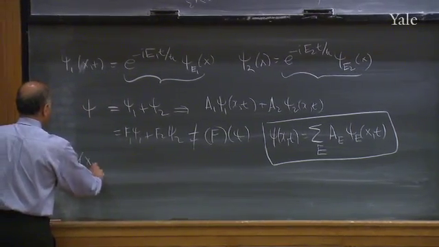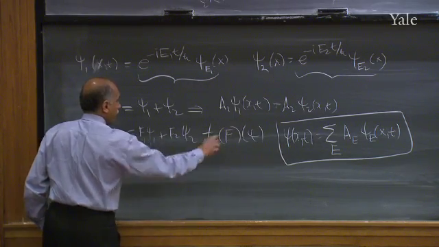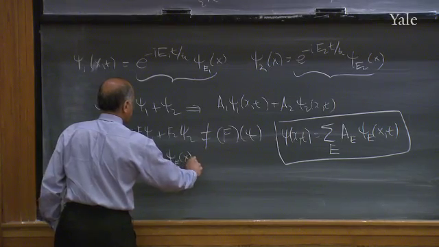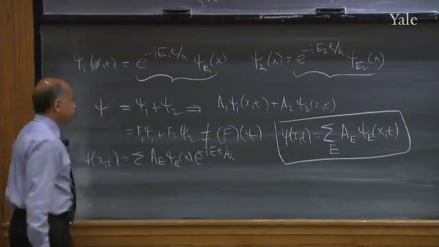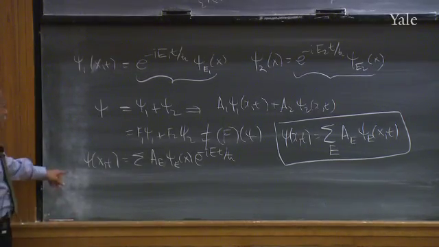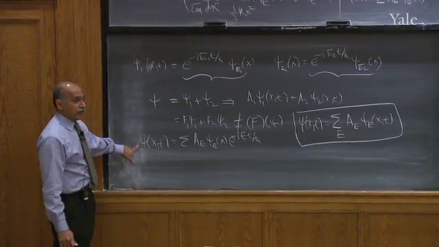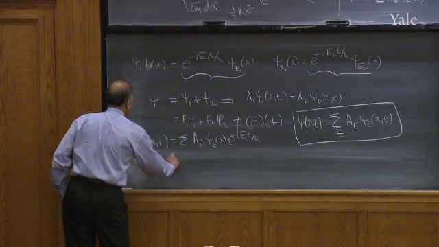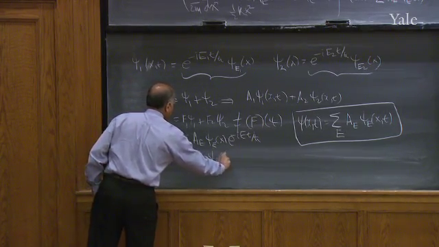Psi of x and t looks like a sub e. I'm going to write this more explicitly as psi sub e of x e to the minus i e t over h bar. Look at this function now at t equal to 0. At t equal to 0, I get psi of x and 0 to be sum over E, A sub E, psi sub E of x.